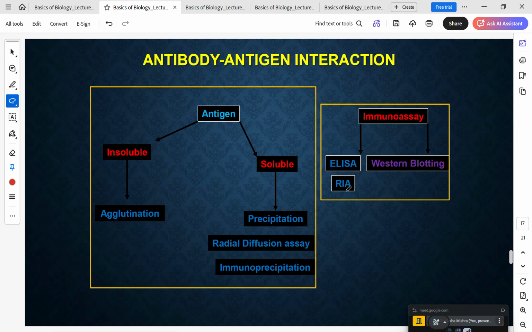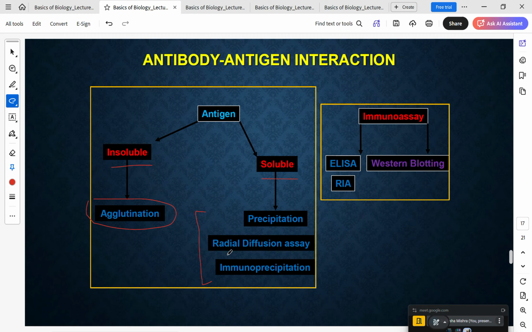Antigen antibody interactions can be checked in multiple ways. One of these is the agglutination reaction. The antigen itself is of two types, insoluble or soluble. Soluble antigens can be made into insoluble antigens with some processing. If it's a soluble antigen, you can do precipitation and then do the agglutination reaction.